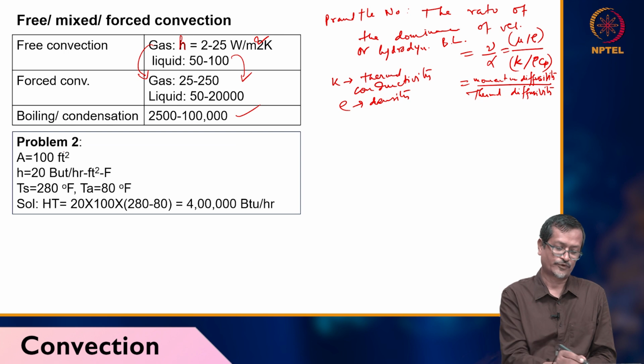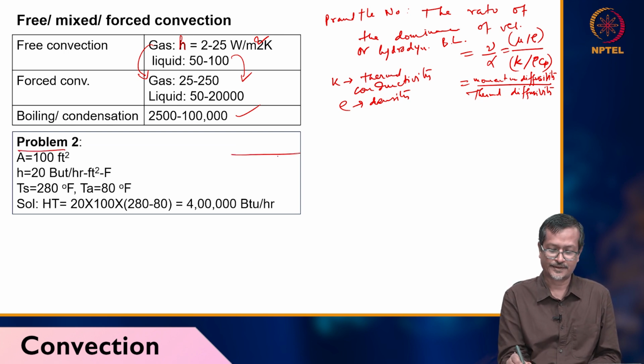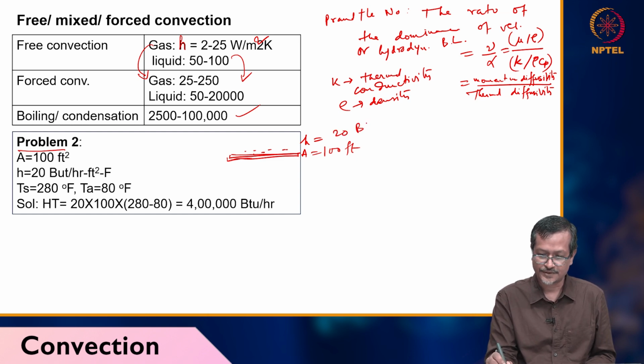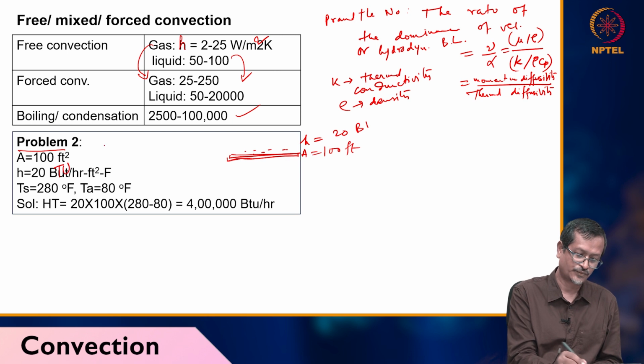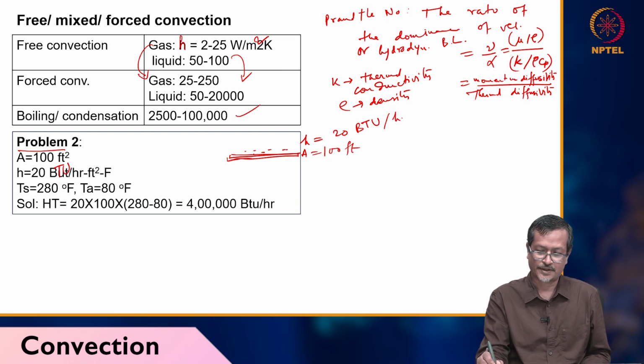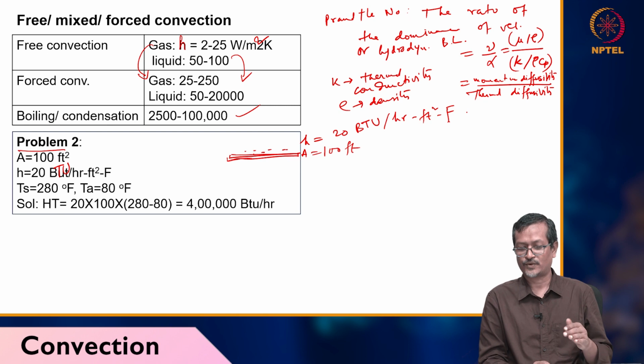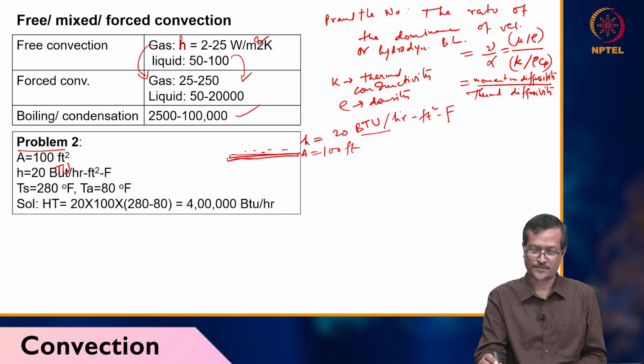Based on that, we will solve one problem. Let's say this body has an area of 100 square feet, and the h value is given as 20 British thermal units, BTU per hour feet square per F, Fahrenheit. Normally in India we use SI units, but if you are working in the oil and gas industry or in many marine engineering applications, they use BTU, British thermal units.